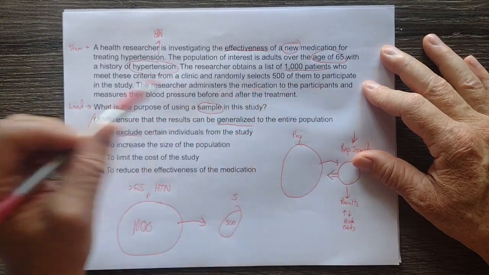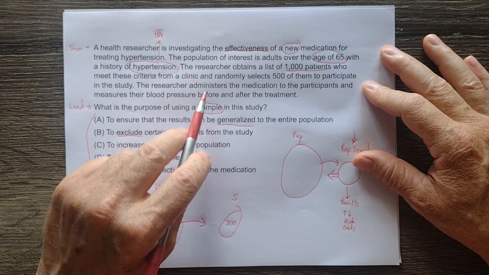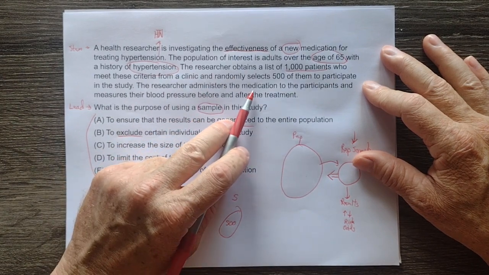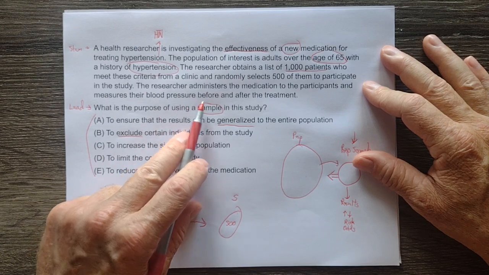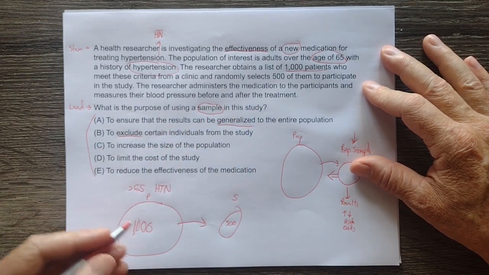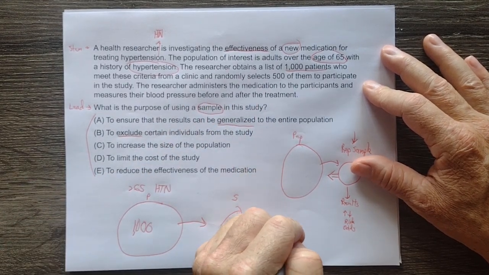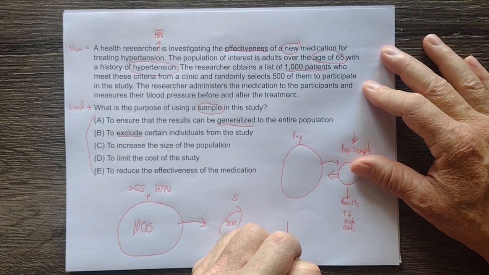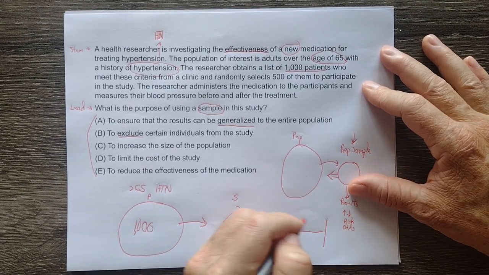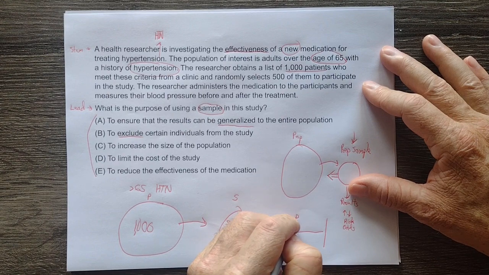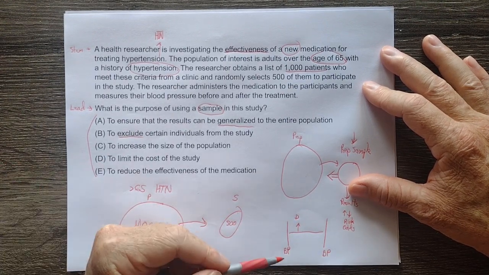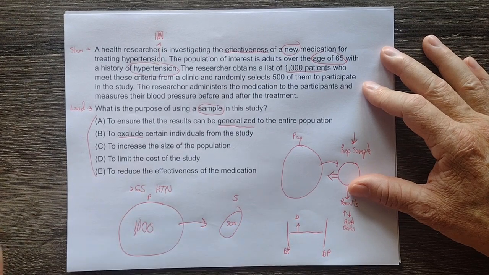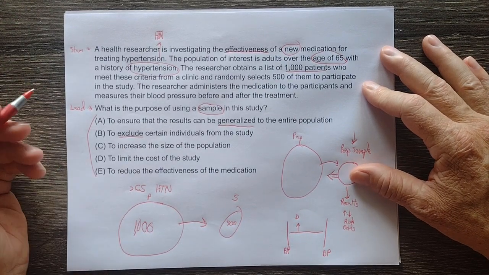Selects 500 of them to participate in the study. The researcher administers the medication to the participants and measures their blood pressure before and after treatment. So they get their BP measured, they get the drug, and then they get their blood pressure measured again. So two measurements, they get the drug, and then that's the study.